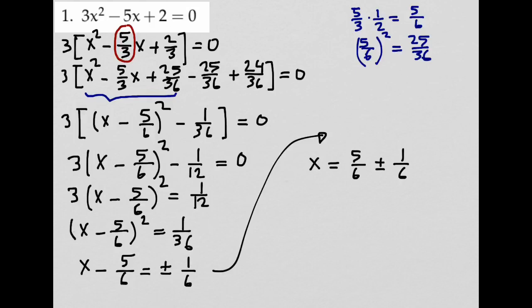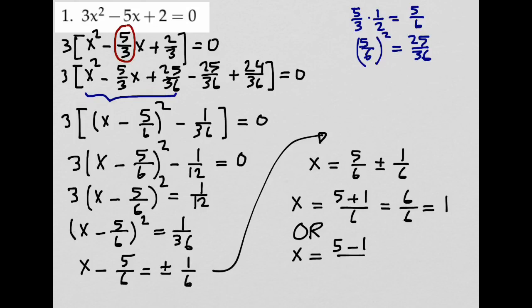Our first solution is x equals 5 plus 1 over 6, that's 6 over 6, which equals 1, or x equals 5 minus 1 over 6, that's 4 over 6, which reduces to 2/3. So 1 or 2 over 3 are the solutions to the given quadratic equation.